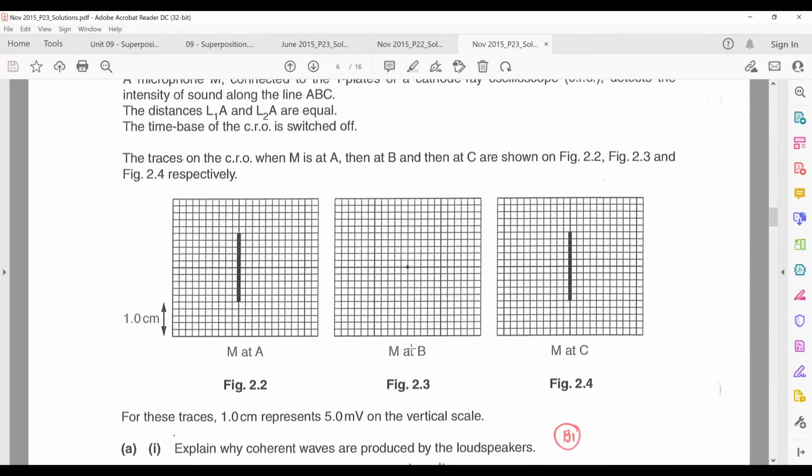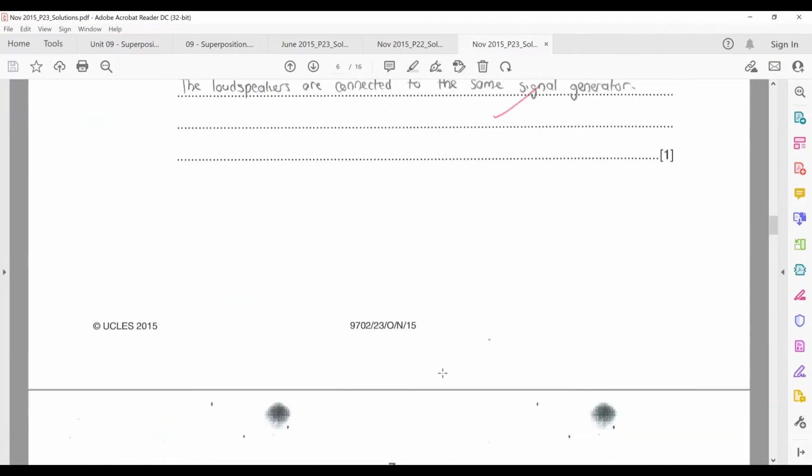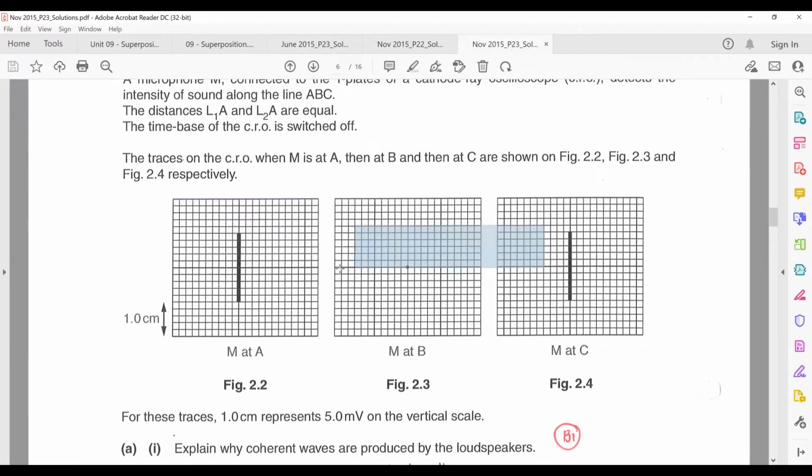So right now, you want to draw the trace that you see at point A, which is this one. As I mentioned to you, this one came about because you disabled your time-based setting. If you had enabled your time-based setting, you should have been seeing something like this.